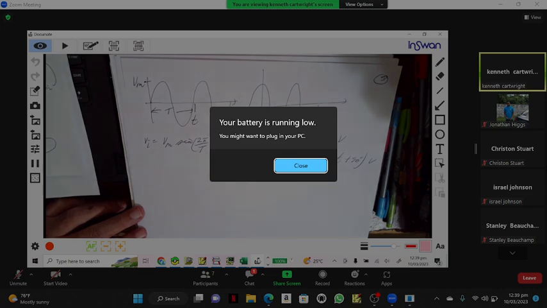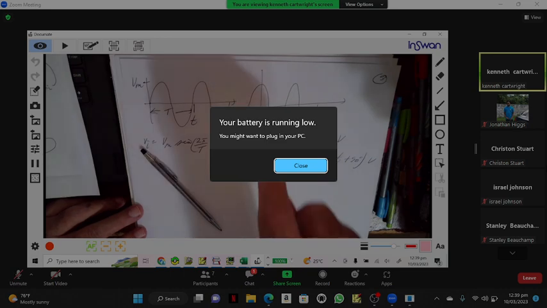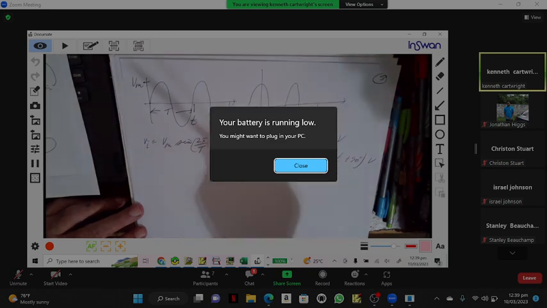Now, what mathematical function do I do to this to change that into this? To change that into this?